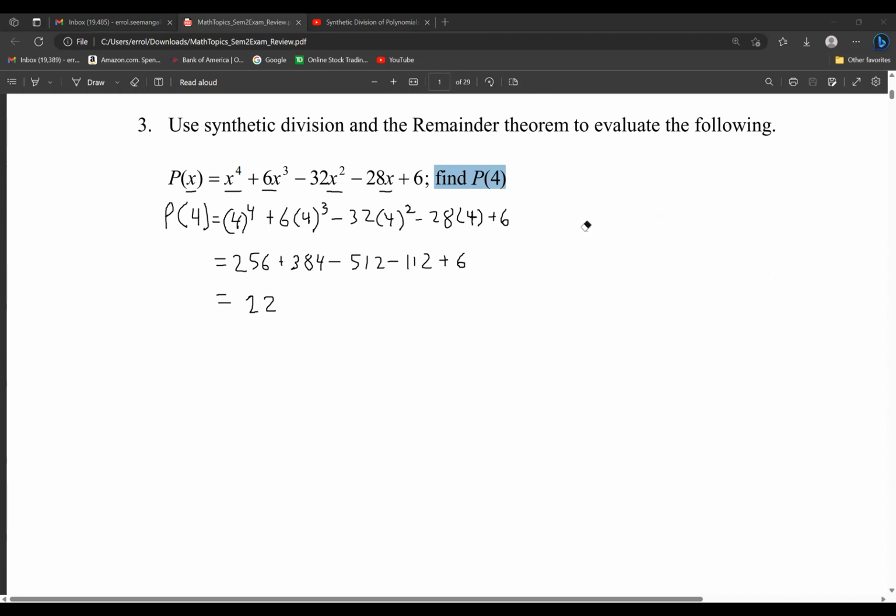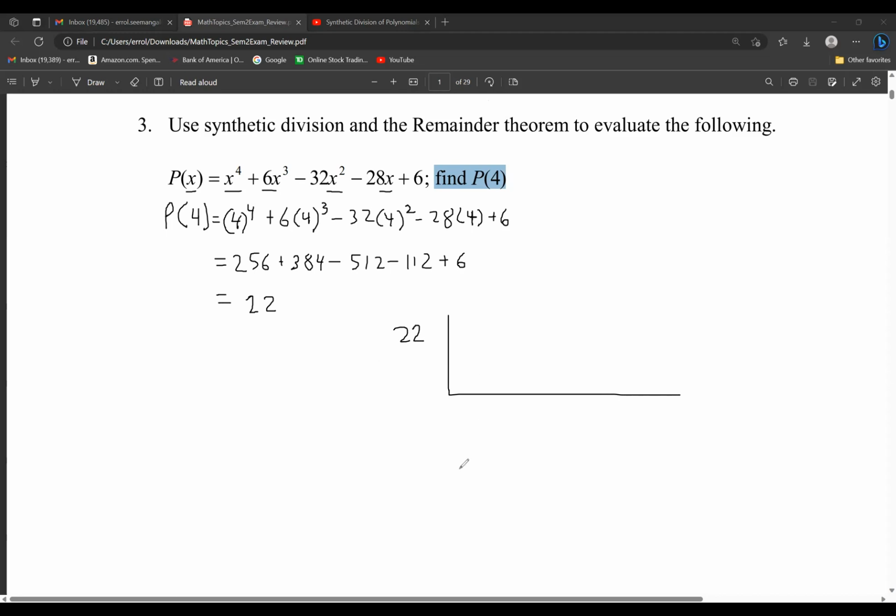All right, 256 would be 16 times 16. 16 times 16 is 256. We just double checked the 384. 32 times 16 is 512. 28 times 4 is 112. And then 6. Okay, so P of 4 is 22. That's the number we put on the front. 22.